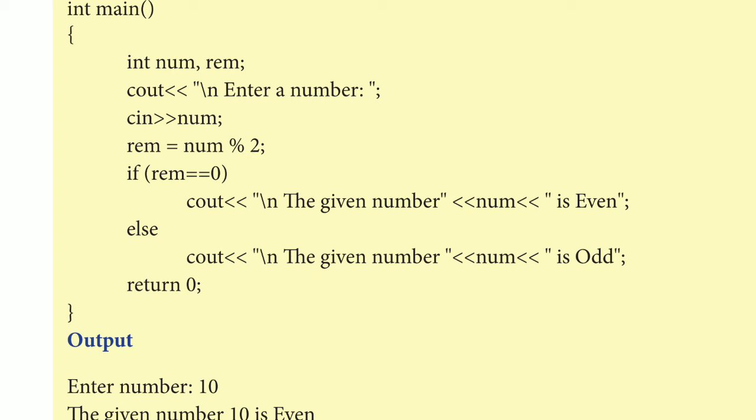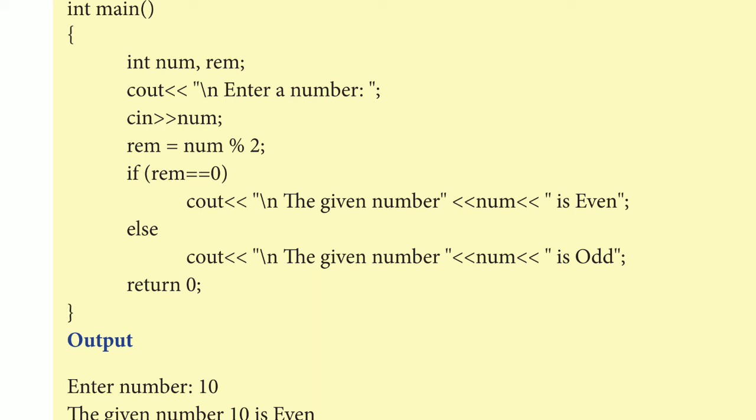Given a number, we are checking whether the given number is odd or even. Here you can see that the person is entering some number. The number is divided by 2 and the remainder value is gathered by using the modulus symbol.